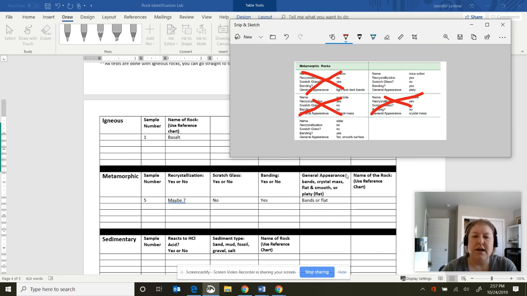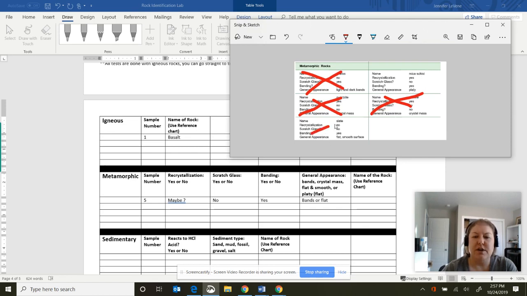Okay. Now we can go to general appearance. We said it had bands or flat, because these are either or. This one says flat and smooth. Ooh, I don't really think ours was smooth. And this one says platy. Now, platy means flat. I don't know why they just don't put flat, but it means the same thing.